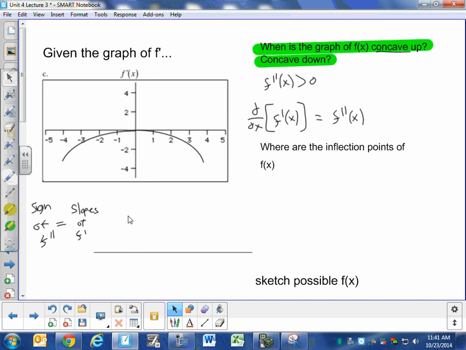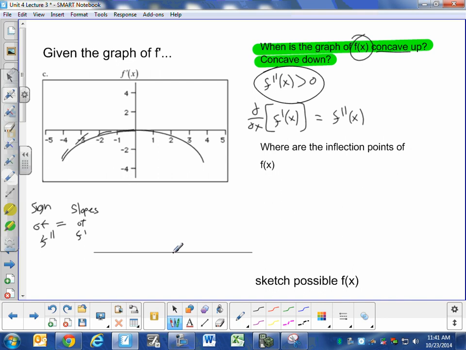Okay? So, Mr. Ogletree, when is f, the graph of f, concave up, given this graph of f prime? Perfect. The slopes of f prime are positive when we are less than 0.